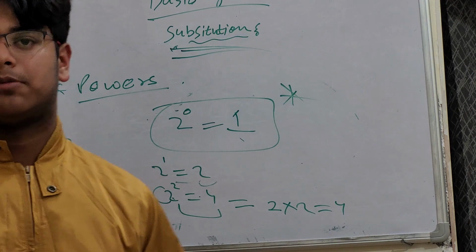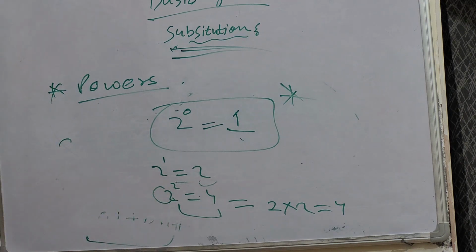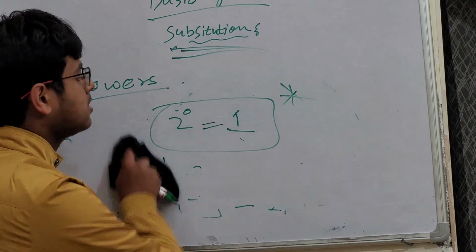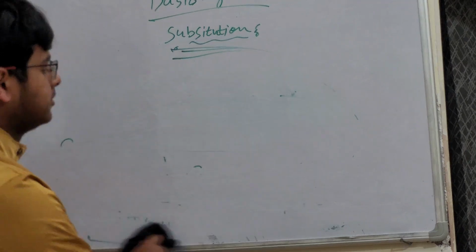You have to memorize all these powers to save your time in calculation. I'm going to write this and you should memorize it, then we are going to solve some questions. 2 to the power 0 is 1, 2 to the power 1 is 2, 2 to the power 2 is 4, 2 to the power 3 is 8, 2 to the power 4 is 16, 2 to the power 5 is 32, right?